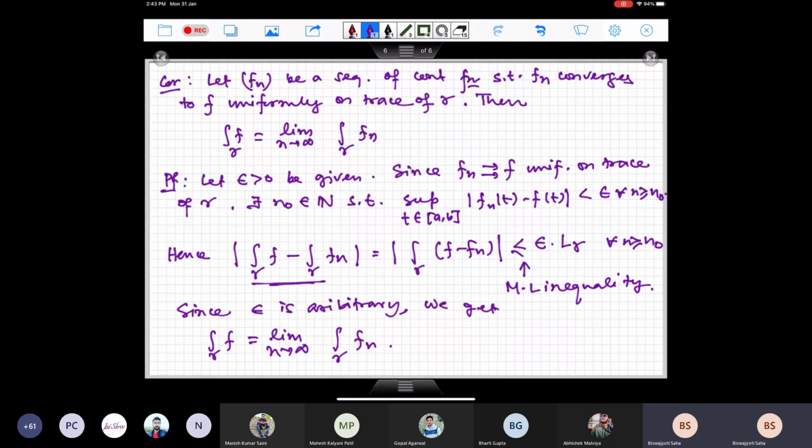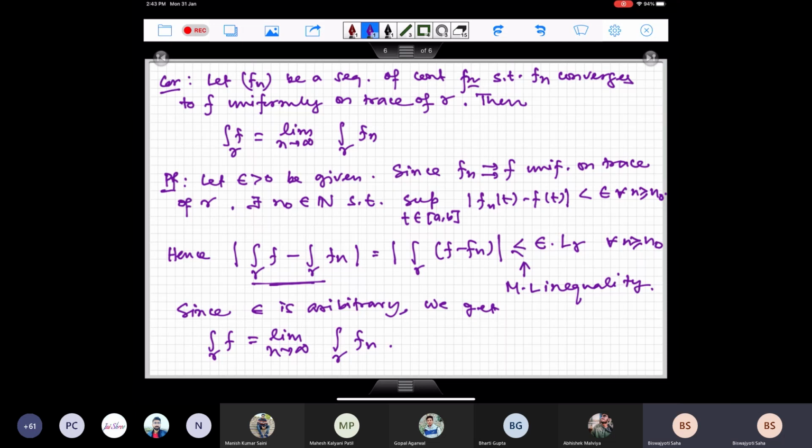This was the statement, and we get it as a corollary of the ML inequality. Here you can see that the length of gamma is a fixed constant, so it does not matter if there is some constant multiplied with your epsilon. This is one very powerful corollary of the ML inequality, which tells us that if I have uniform convergence, then I can interchange integral and limit.